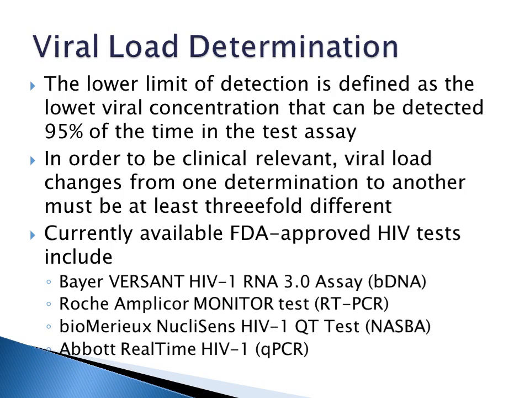So currently available FDA-approved HIV tests include the Bayer-Versant HIV RNA assay, the Roche Amplicor Monitor test, the bioMérieux NucliSense HIV-1, and Abbott's Real-Time HIV-1. And these all use different methodologies: branch DNA, reverse transcriptase PCR, NASBA, and real-time PCR.